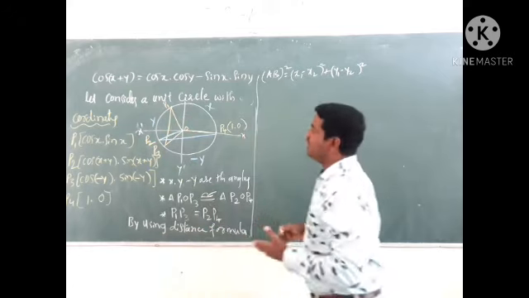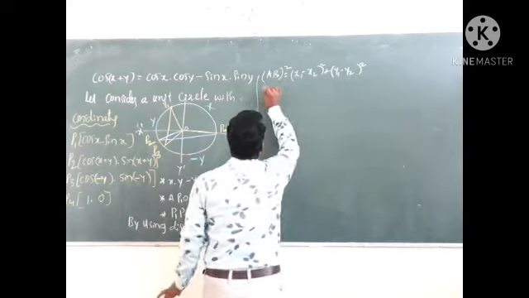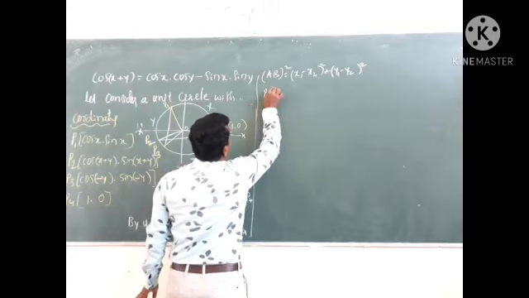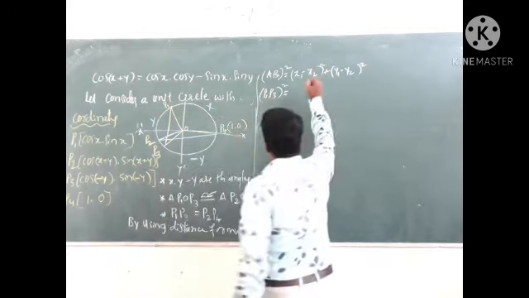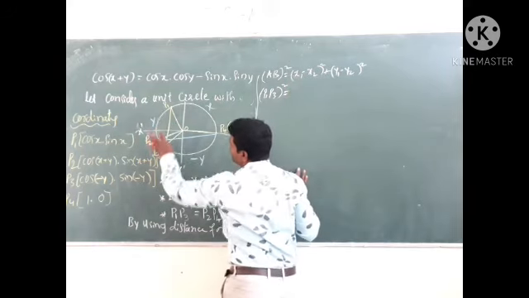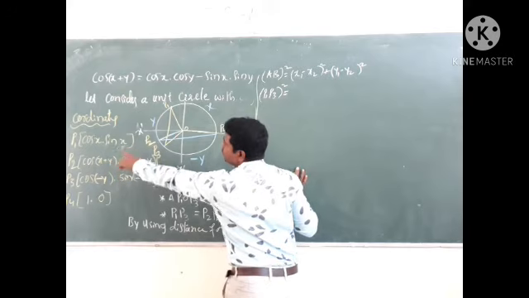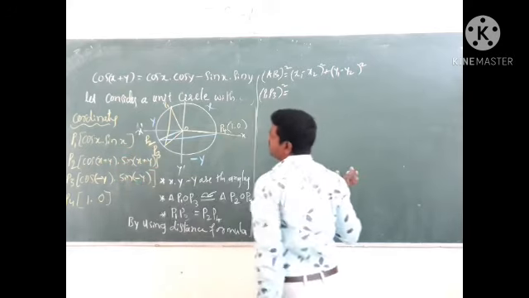We are going to find the distance between the 2 points P1 and P3. P1 P3 whole square equals the coordinates of P1 and P3. P1 is cos x, sin x, and P3 is cos(minus y), sin(minus y).